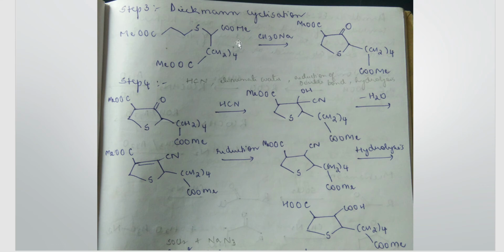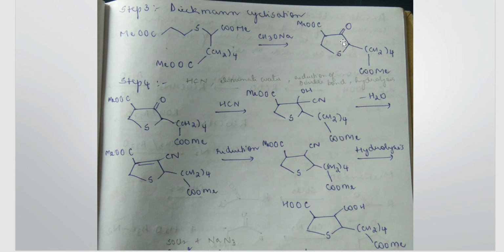You can see this whole top part will undergo cyclization, and the bottom part you can write as such, that is CH2 four times COOMe. This part will remain as such, and the bottom chain will undergo cyclization in the presence of sodium methoxide, and you write the product here.